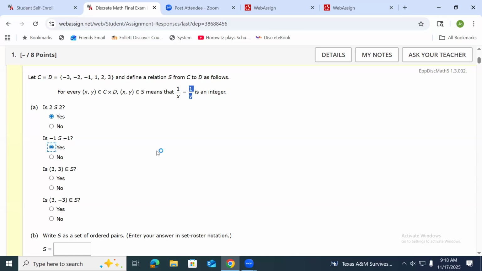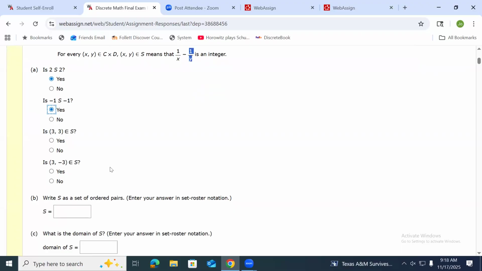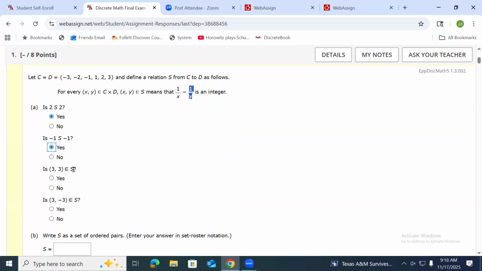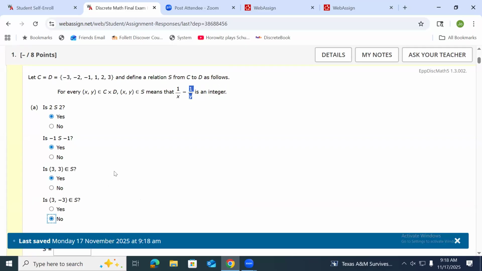Yeah. How about 3, 3? Is 3, 3 in the relationship or not? Yeah. How about is 3, -3 in the relationship? Let's think. 1/3 minus -1/3 would be 2/3. That's not an integer.